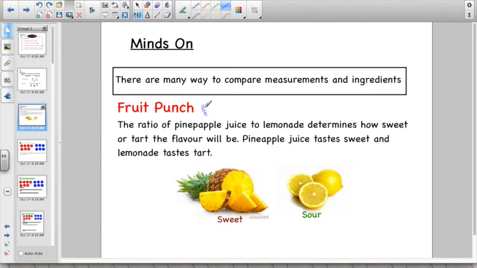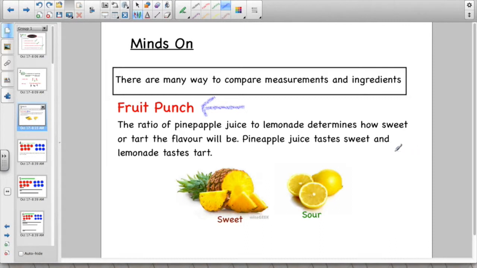Okay, so a fruit punch is a great example of something that we all know and are very familiar with. Sometimes when we make fruit punch, we say that we make it with pineapple juice and lemonade. And so we can say that the ratio of pineapple juice to lemonade determines how sweet or tart the flavor will be.